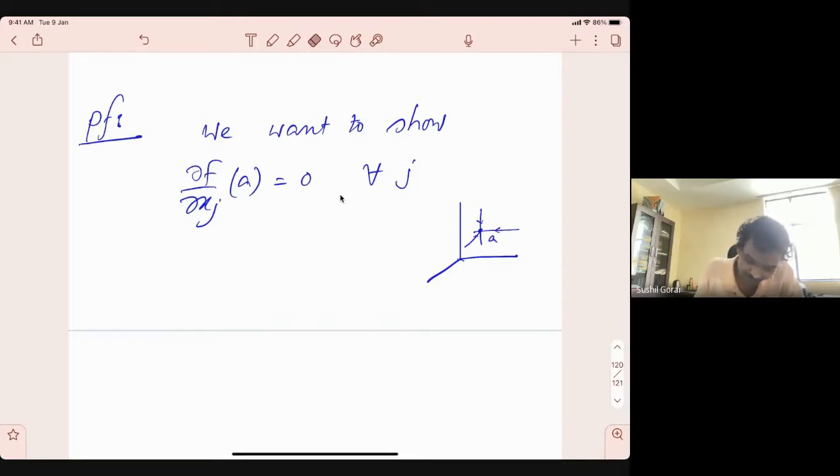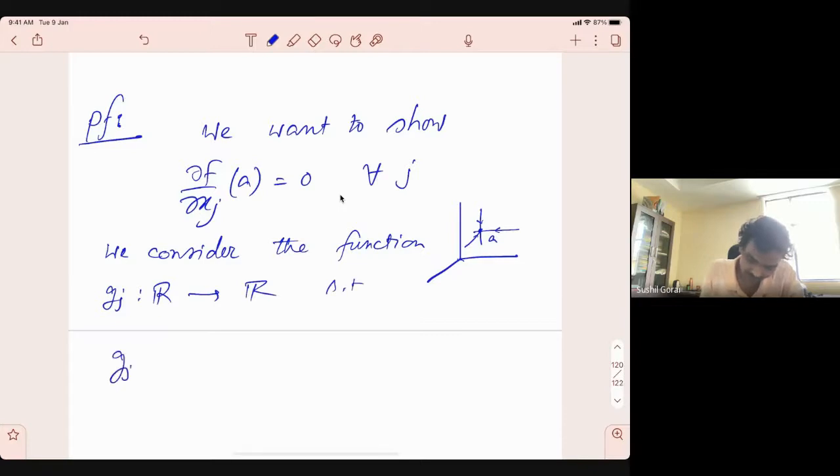And you consider the function g_j from R to R such that g_j of x is f of a1, a2, up to a_{j-1}, x, a_{j+1}, up to an.